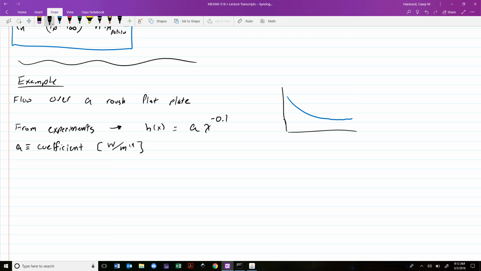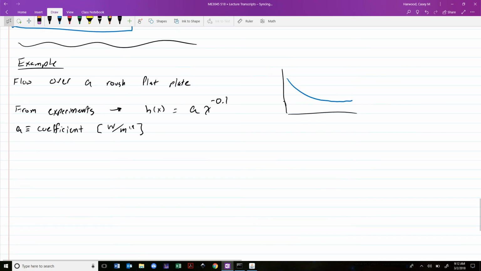That 1.9 is just so that we have dimensional homogeneity when we take a distance and raise it to the negative 0.1 power. So what we're asked to find here is the average, h bar, for a section of this plate between 0 and x.